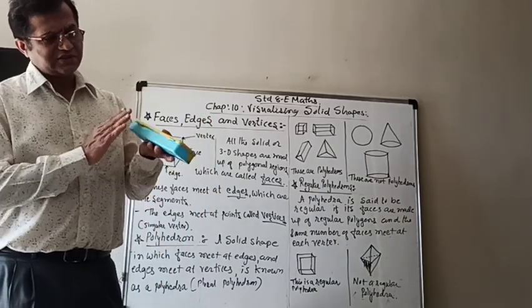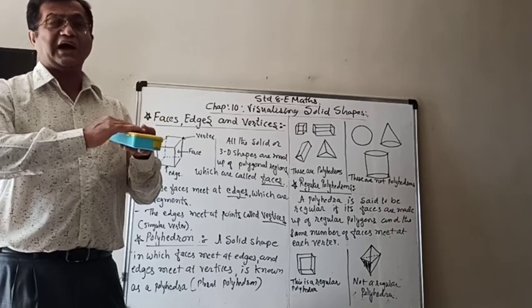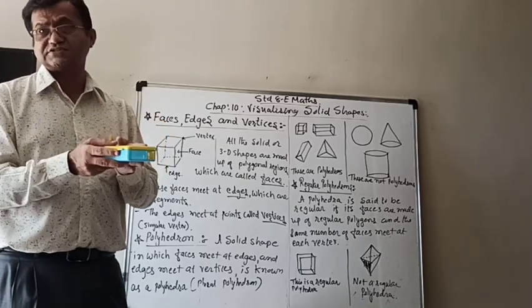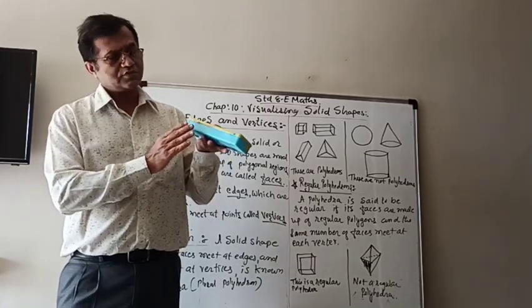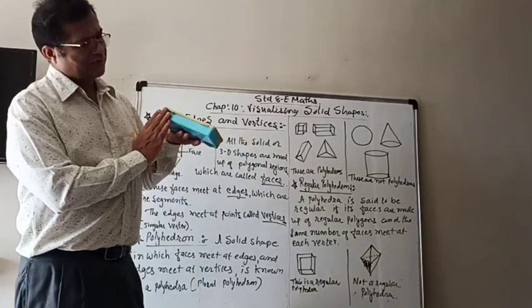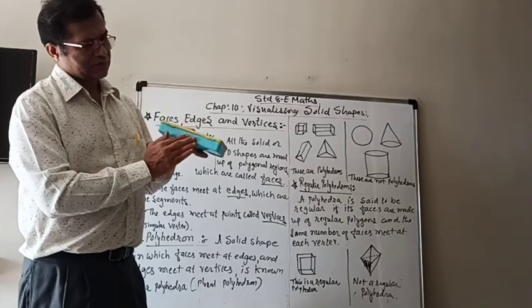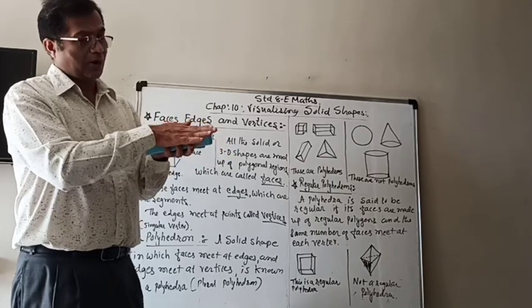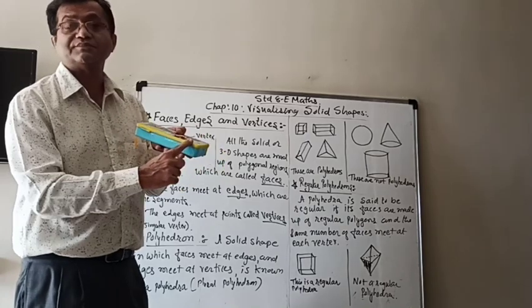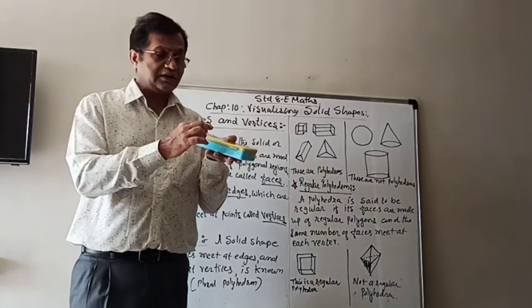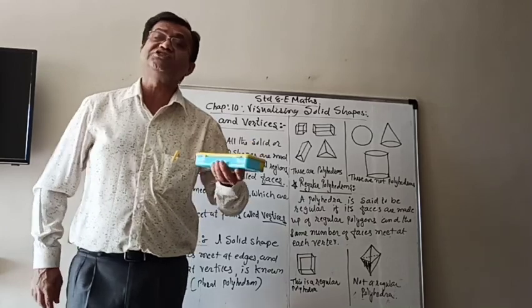Here you can see that these are all surfaces, which are known as the faces. Now look here, this face and this face, the top one and this front one, meet at this line segment, and that line segment is known as the edge.